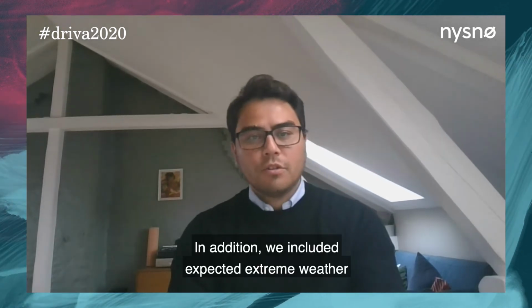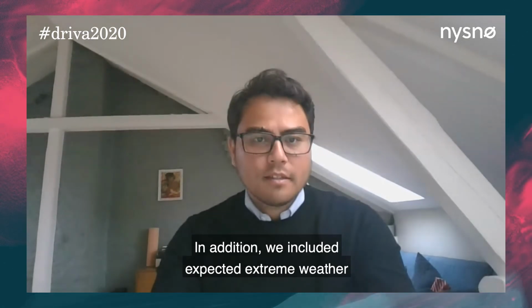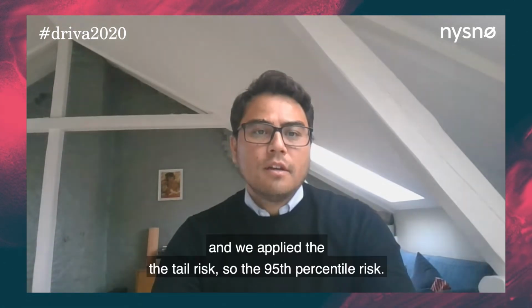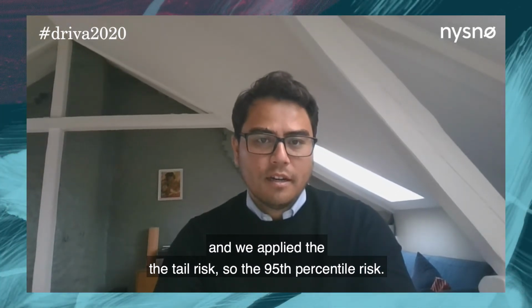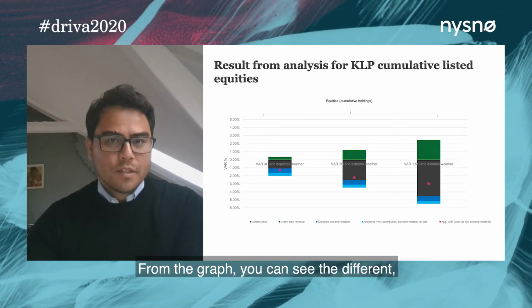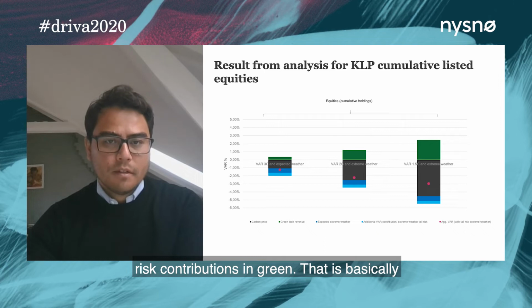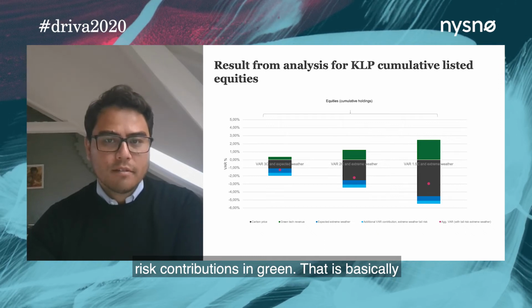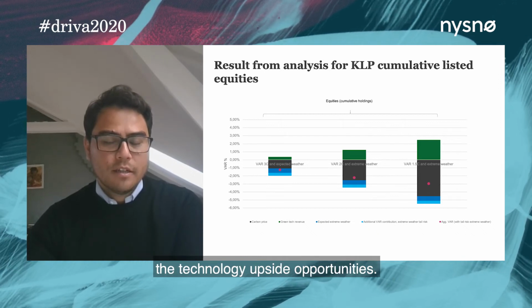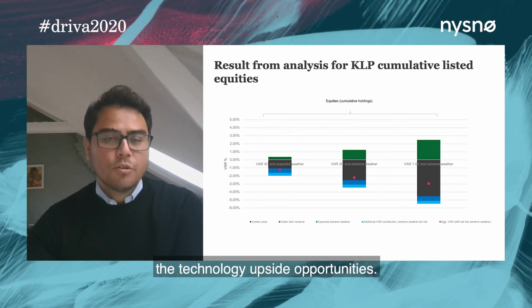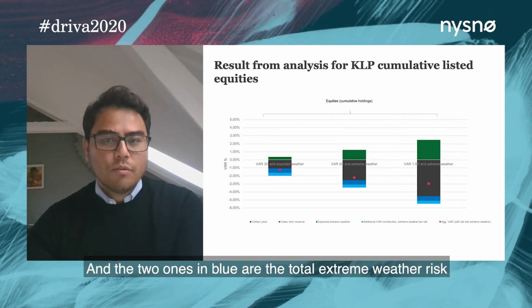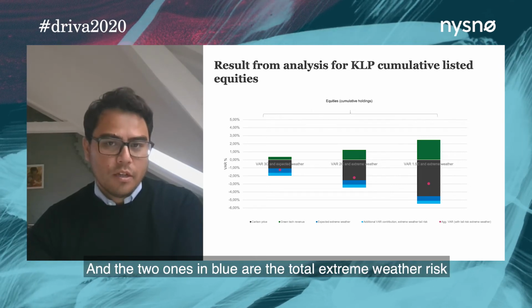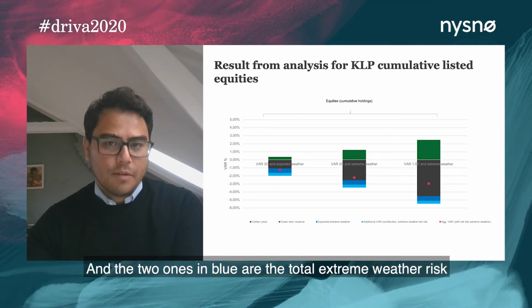In addition, we included expected extreme weather, and we applied the tail risk, so the 95th percentile risk. And from the graph, you can see the different risk contributions. In green, that is basically the technology upside opportunities. The black is the carbon price exposure, and the 2 in blue are the total extreme weather risk.